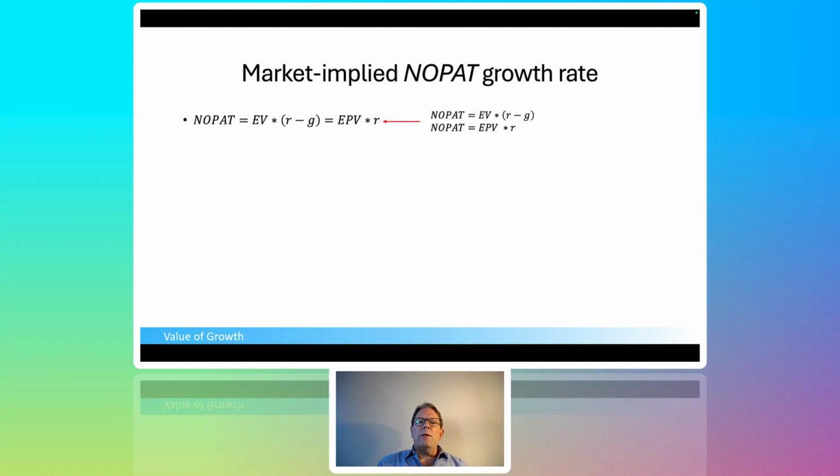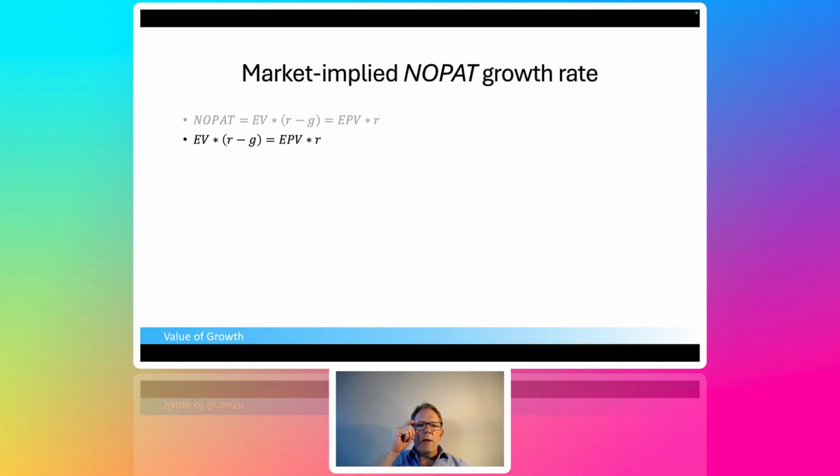NOPAT equals enterprise value times R minus G, and NOPAT equals earnings power value times R. If I put those into a single equation, then NOPAT equals EV times R minus G, and it also equals EPV times R. So I can get rid of NOPAT. I now know that EV times R minus G equals EPV times R.